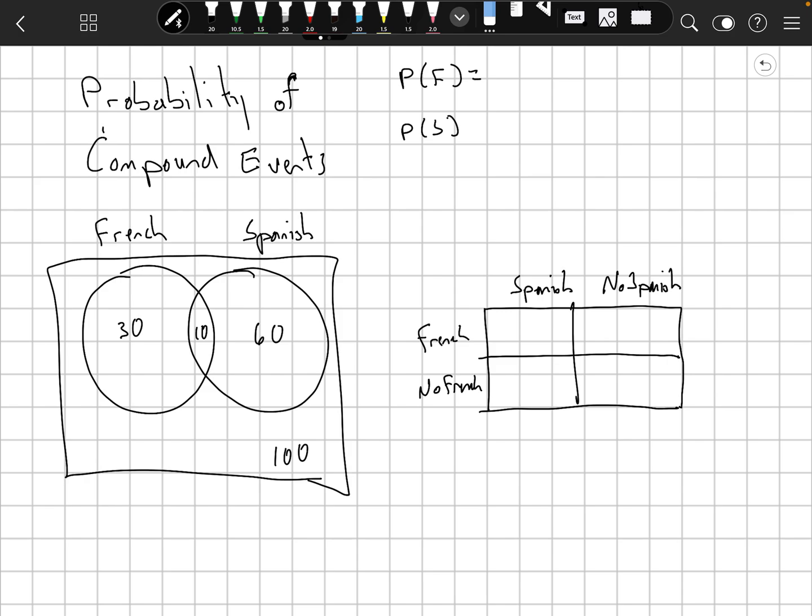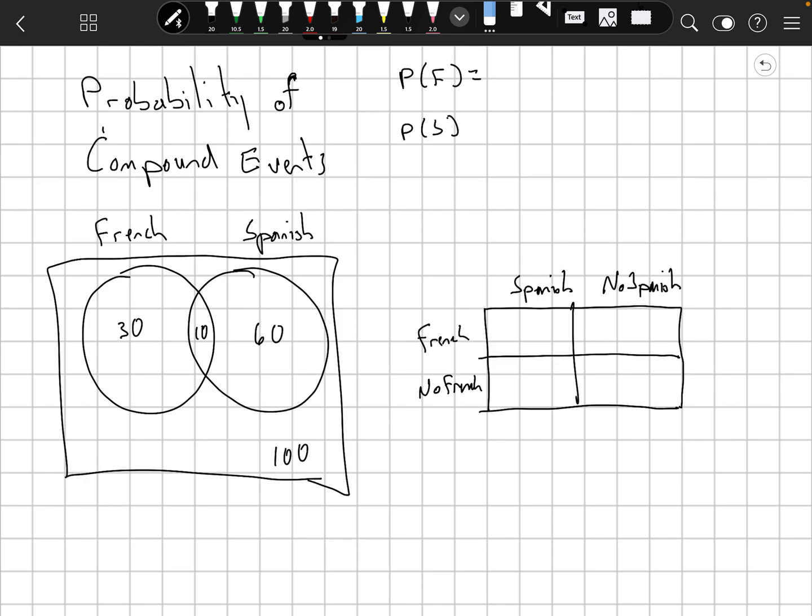And so let's just do some singular probabilities first. The probability of people belonging to the French club is 30 plus 10. That's that complete French circle out of the total sample space, 30 plus 10 plus 60 plus 100, which is 200.